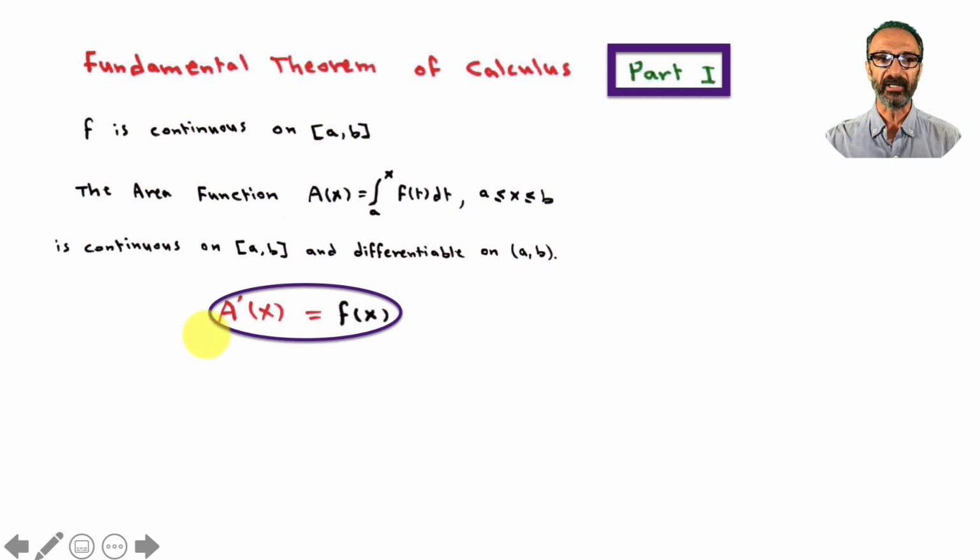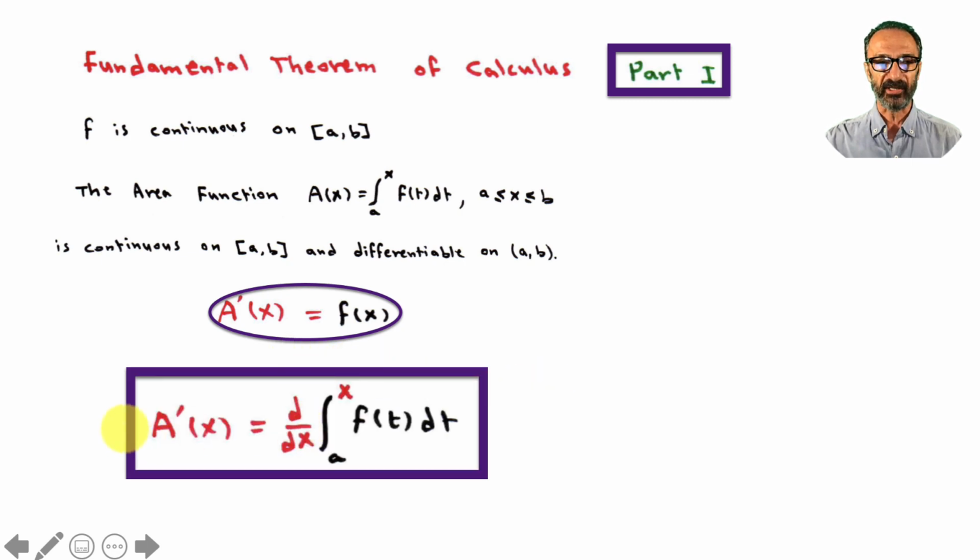A prime of x is f of x. The derivative of the area function will take you back to the graph, which is f of x. Those are formulas that are hard to grasp quickly. That's why I'm slowing down, and hopefully by the end of the video you'll understand what I'm talking about with these formulas.